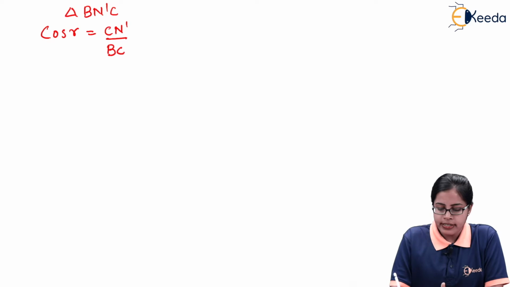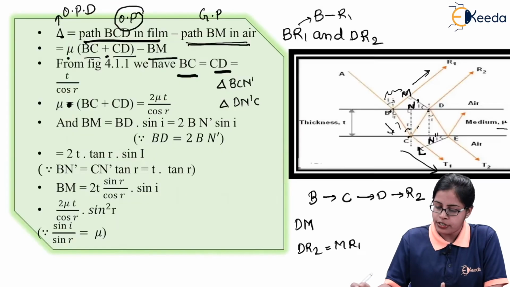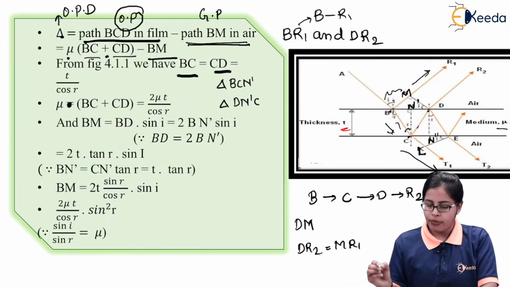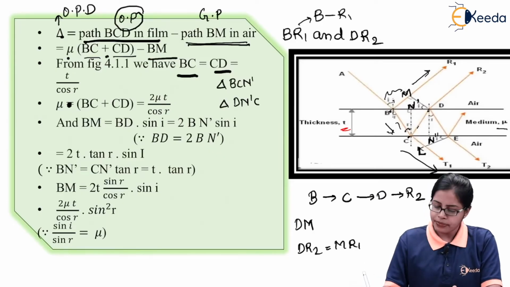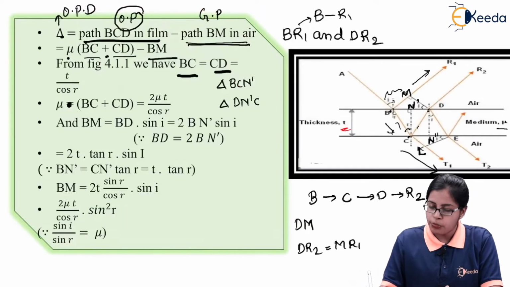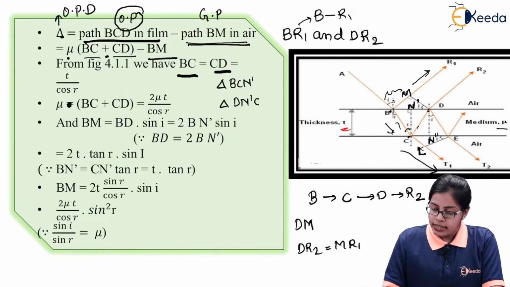CN' in the diagram is nothing but the thickness of the film. So if I consider CN' as T, then cos R is T divided by BC. Next we can consider the second triangle, that is CN'D. In this case cos R again is going to be adjacent upon hypotenuse.